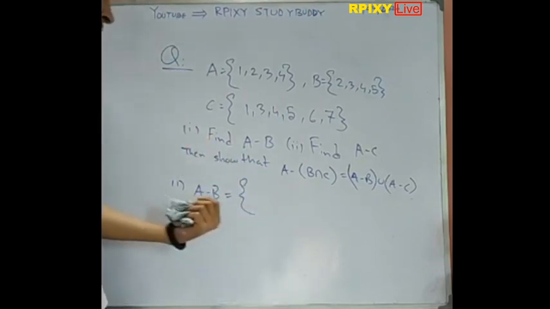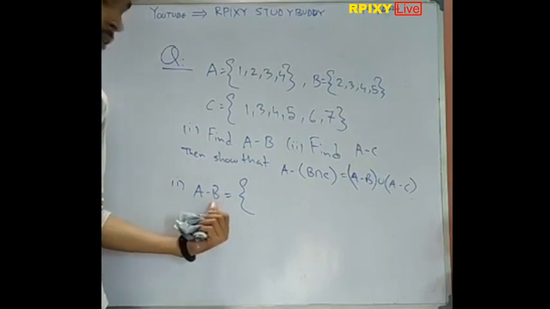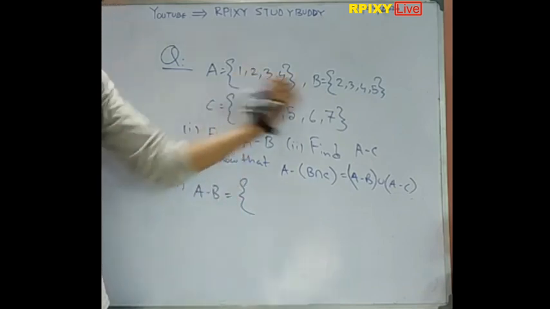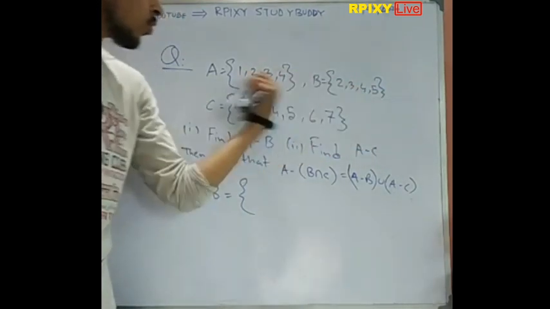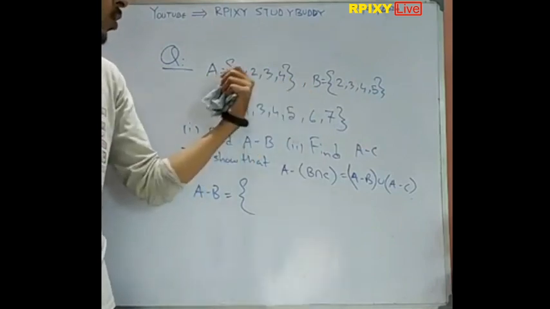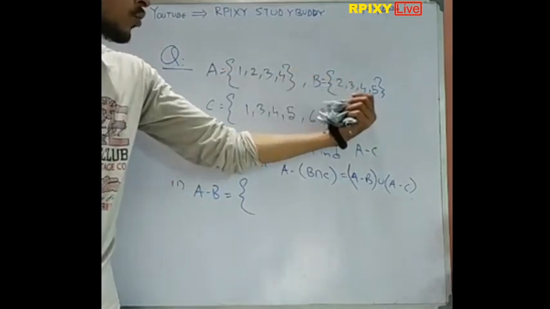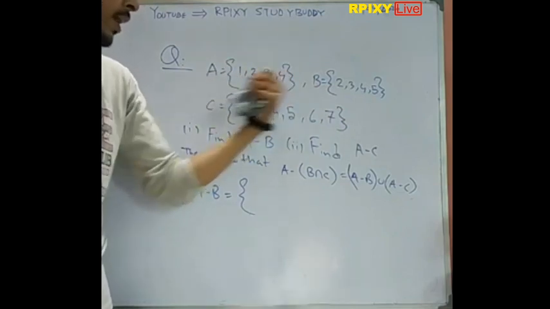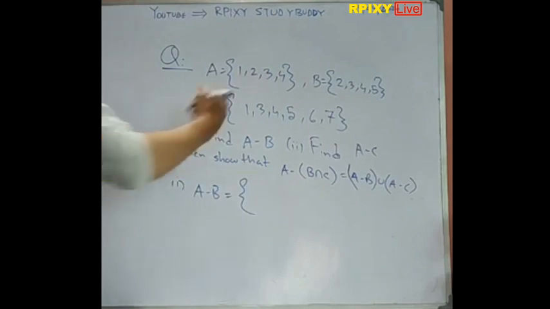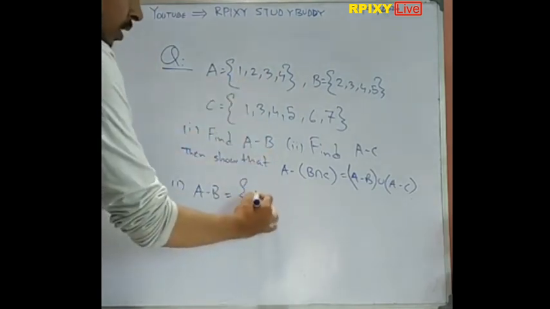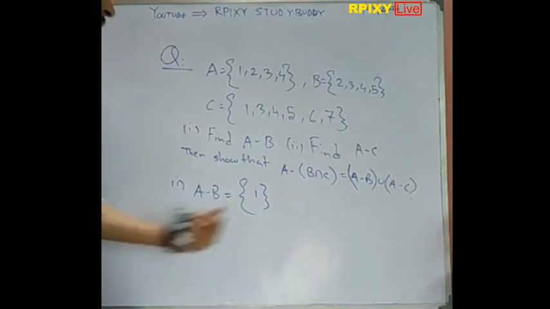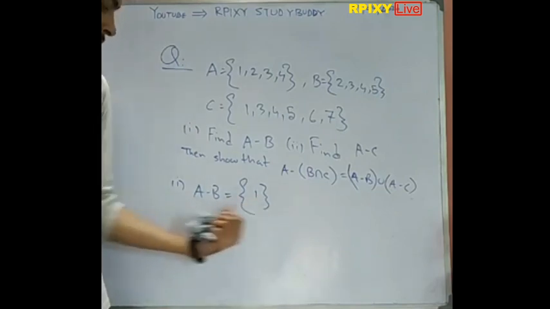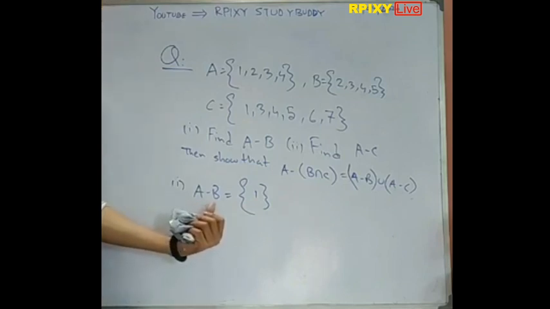A minus B means eliminate the elements of B from A. So what are the elements of B? 2, 3, 4. So eliminate 2, 3, 4 from A, and the remaining element is only 1. So A minus B is the set having only the element 1.